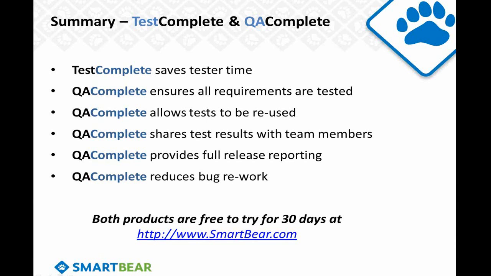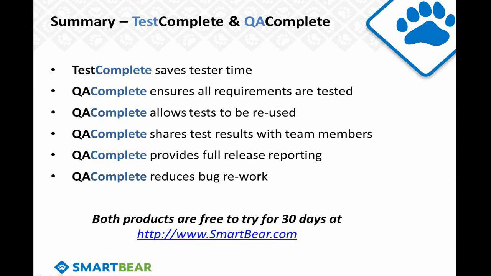Great, perfect. All right, question about QAComplete and ALM Complete. Someone mentioned that they have ALM Complete today. They don't have QAComplete. What's the difference between ALM Complete and QAComplete? Well, underneath the covers, QAComplete and ALM Complete is really the same tool, except ALM Complete has some additional capabilities that I didn't show you today, and it really revolves more around project management.